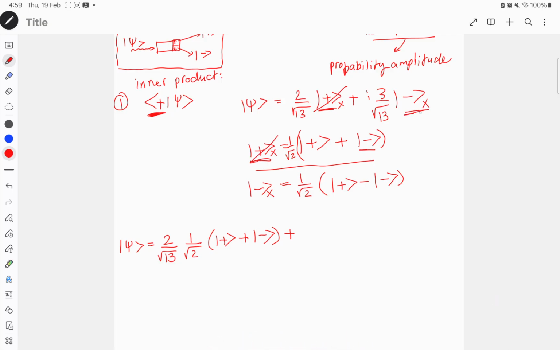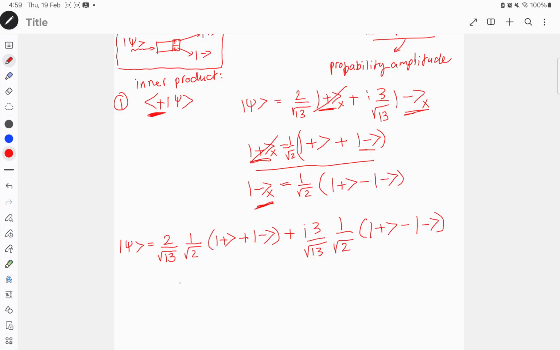Now we will substitute this one by this one and this one: 3 over root 13 multiplied by the positive state minus the negative state.